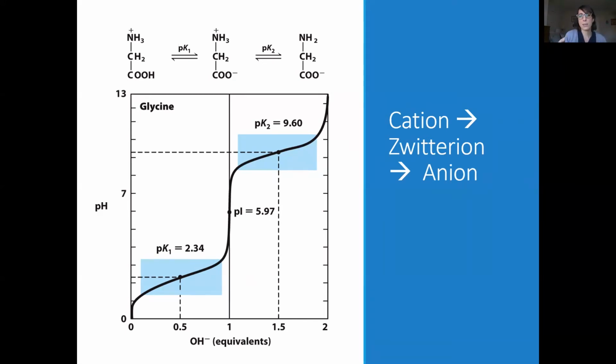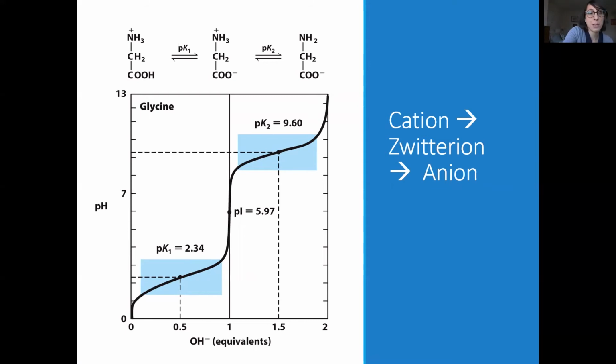This point where the amino acid is a Zwitter ion is going to fall directly between the pKa of the carboxylic acid and the pKa of the amino group.